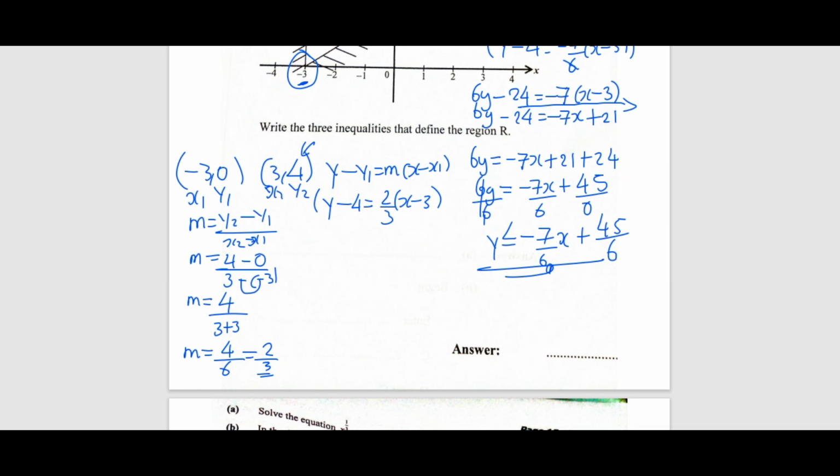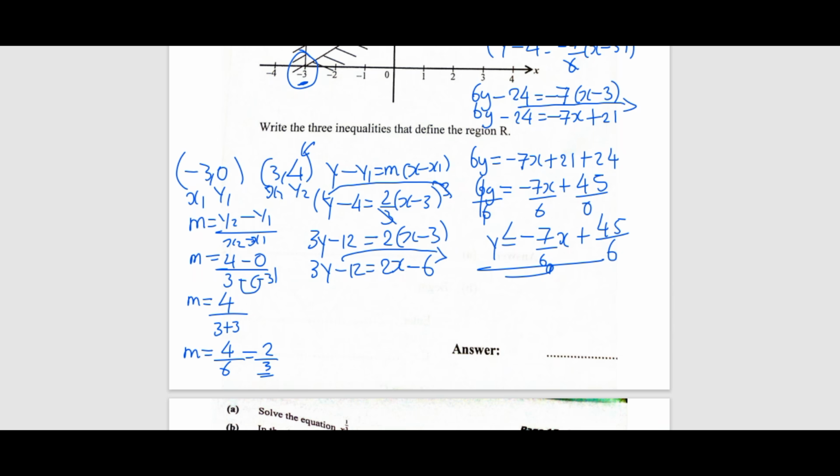I advise you to get rid of the fraction by multiplying by the denominator. So 3 times y is 3y. 3 times negative 4 is negative 12. Then 3 times this will cancel, leaving us 2 times x minus 3. So 3y minus 12 is equal to 2 times x is 2x. 2 times the negative 3 is negative 6.